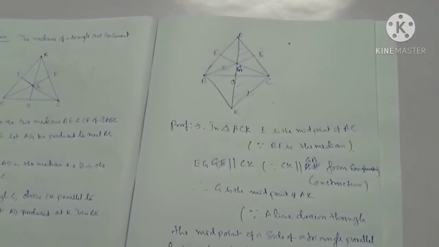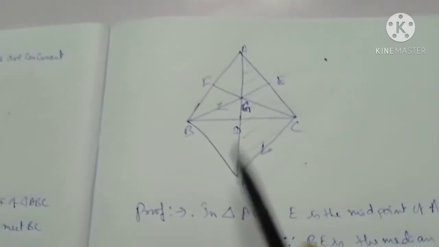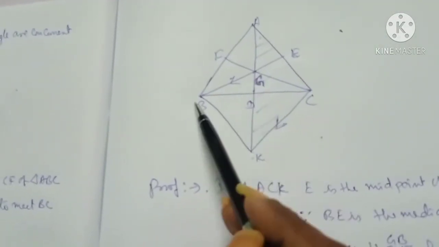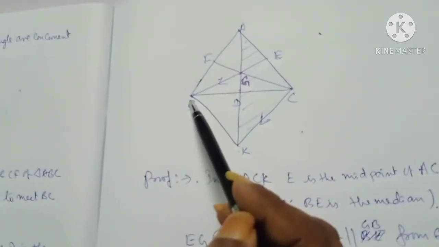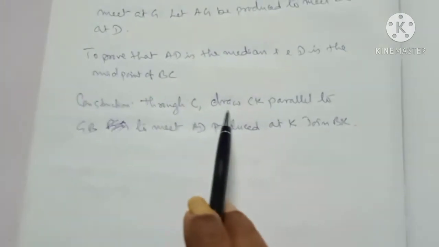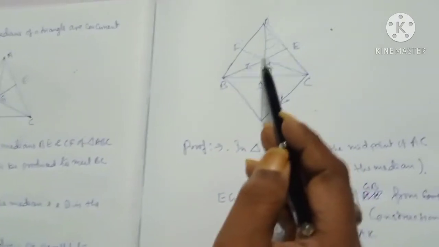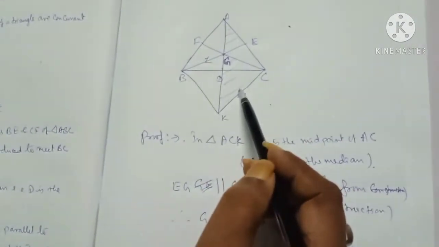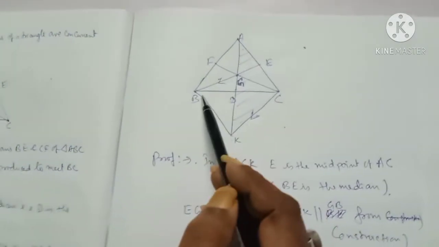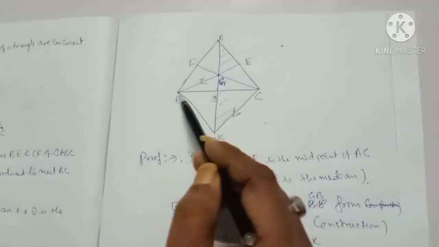I have done this correction because I have given the direction CK and GB. Through C, draw CK parallel to GB.